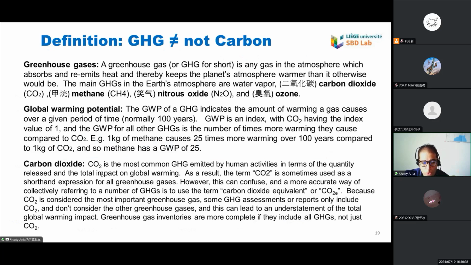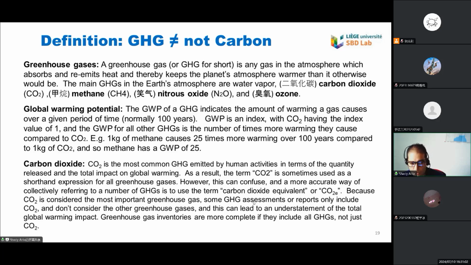Now, it's also important to take into account that carbon dioxide is the most common greenhouse gas emitted by human activities in terms of quantities released and the total impact on global warming. As a result, CO2 is sometimes used as shorthand for all greenhouse gases. However, this can confuse, and a more accurate way of collectively referring to greenhouse gases is to use the term carbon dioxide equivalent, or CO2 equivalent.